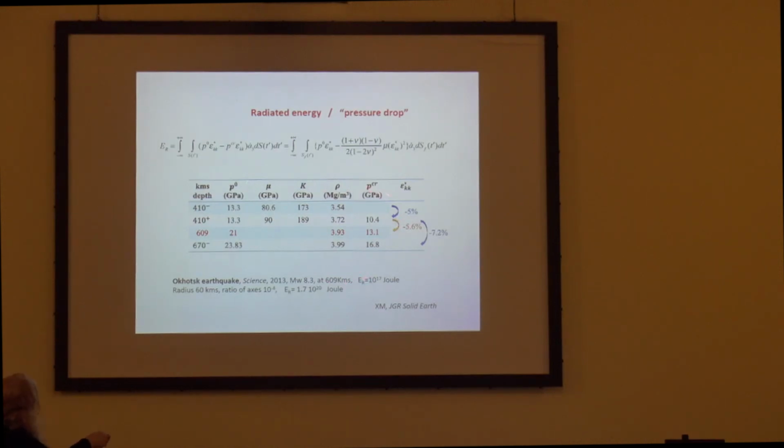This is the critical pressure that is to generate the faces of the pancake with the radiuses that are estimated from the data that the seismologists have. This is the ambient pressure at those depths, and the difference of the two gives exactly energy that is amply explaining the large radiated energies of the deep earthquakes.